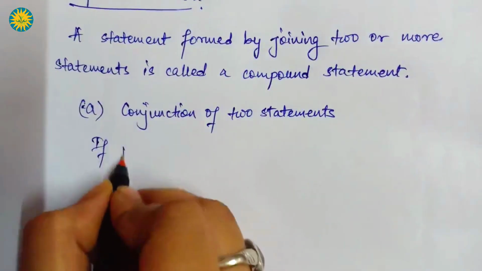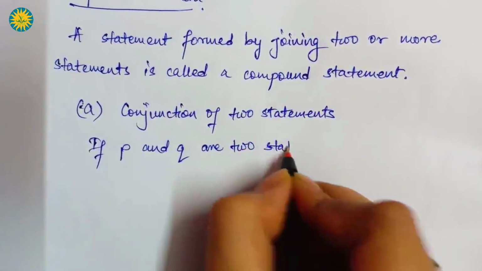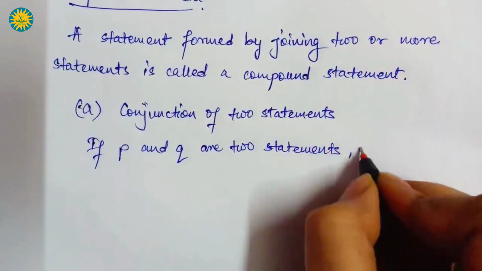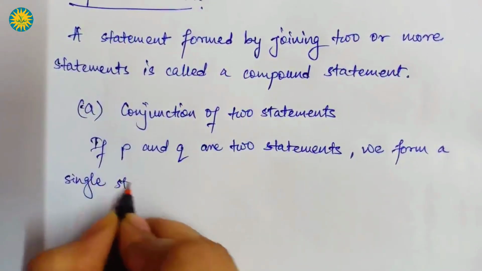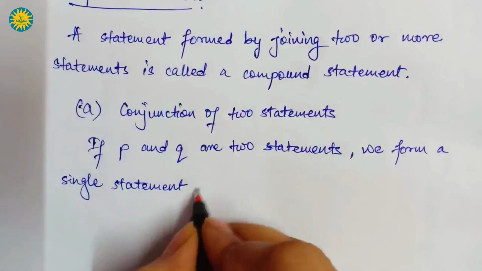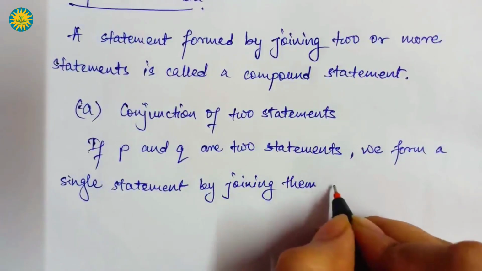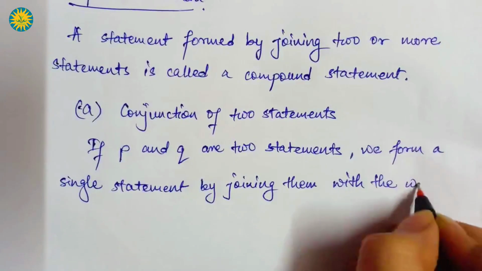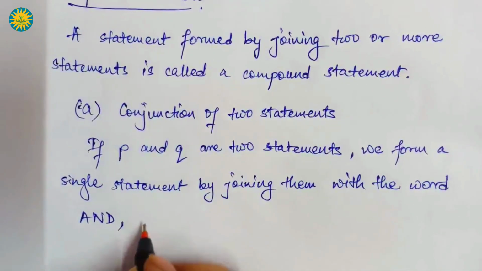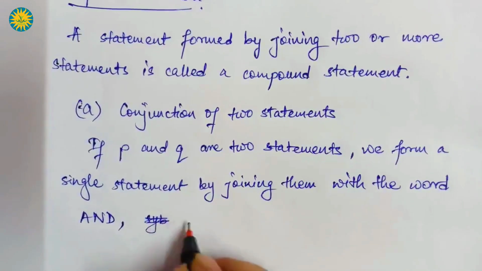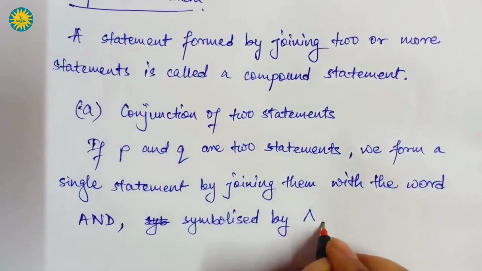Let's say P and Q are two statements, then we can form a single statement by joining them with the word and, which is symbolized by this symbol.